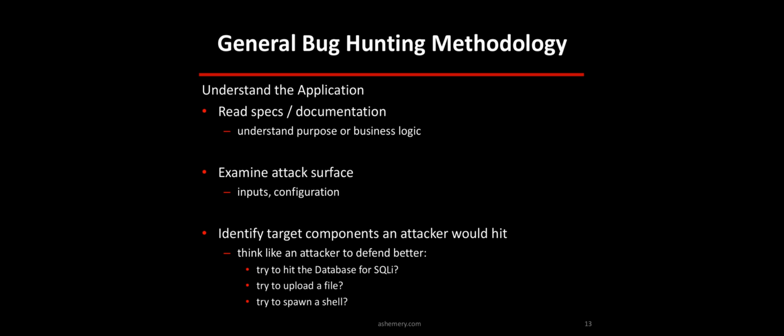If uploading or running something leads to creating another process, how will you be able to do that? How will you be able to spawn a shell? That process could be a shell, and a shell here means it gives you remote access or control over the system. So these are all ways you can use to do general bug hunting.